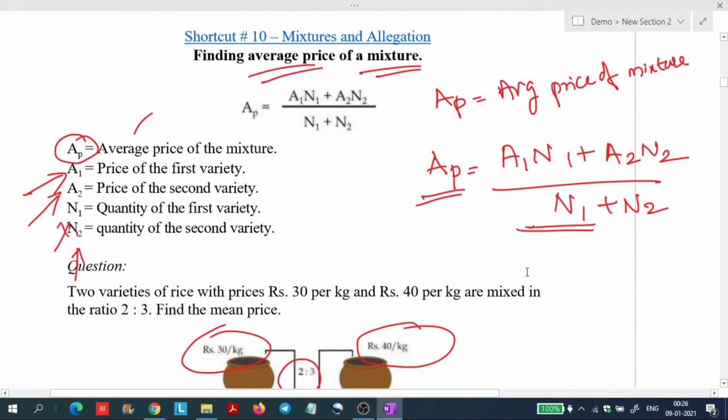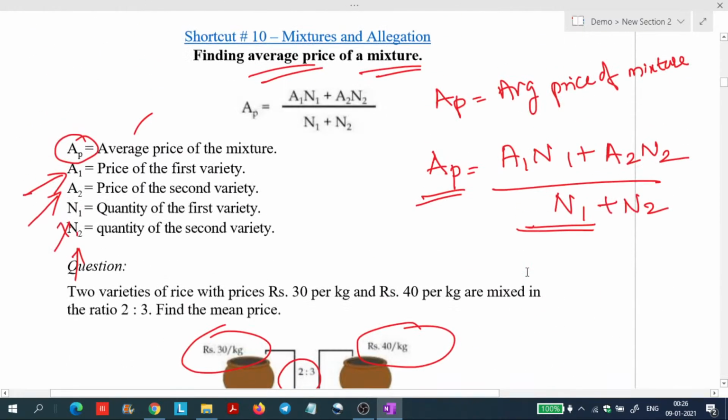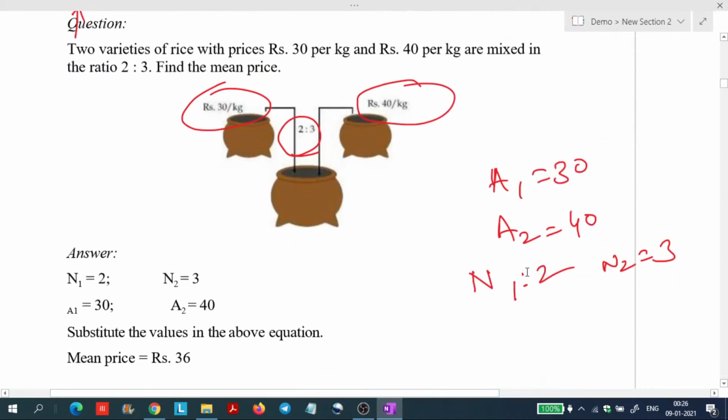The formula is A1 into N1 plus A2 into N2 divided by N1 plus N2.